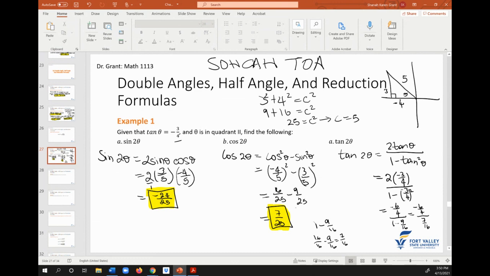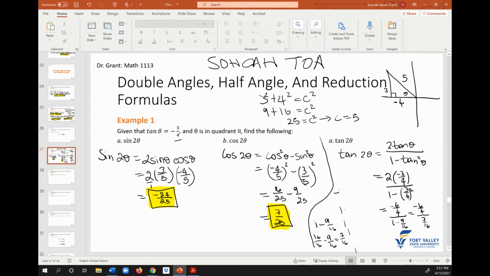Keep change, flip. So we should get -24 divided by 7.